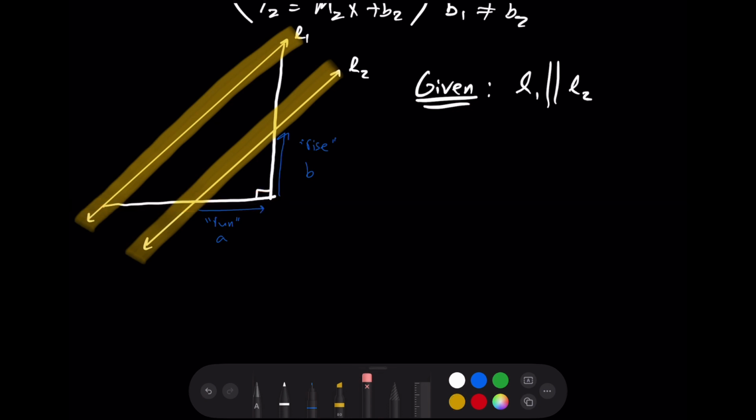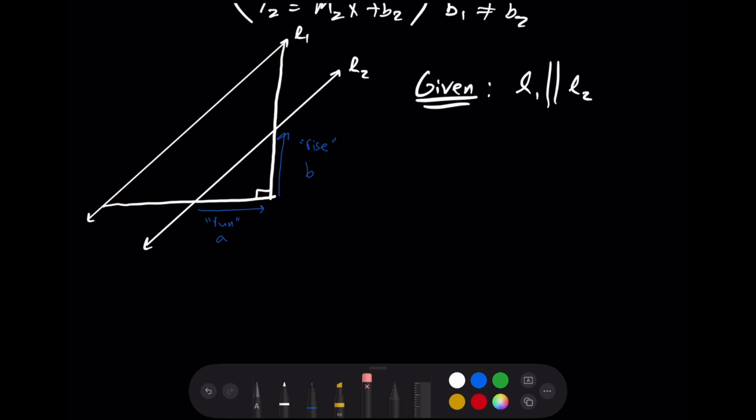And now we have all sorts of relationships here we know about in Euclidean geometry. In particular, notice that this angle here and this angle here are alternate interior angles, and those are congruent. But now notice that this angle and this angle must also be congruent because those are vertical angles.